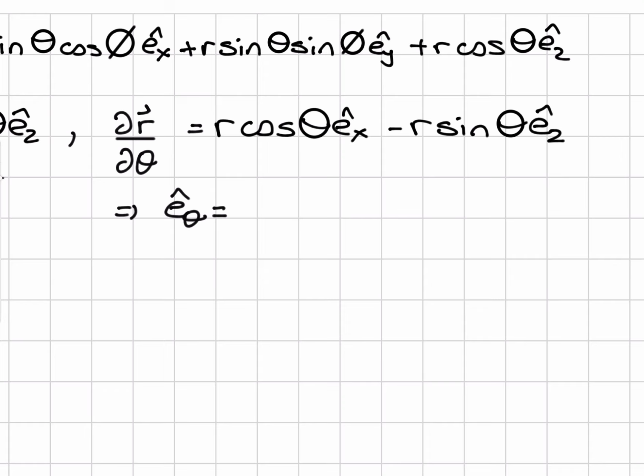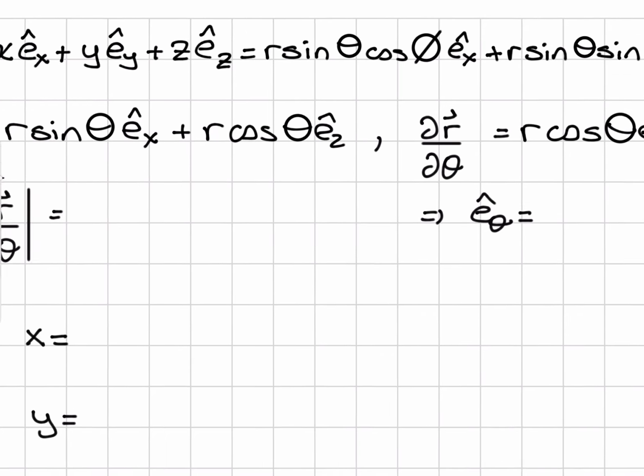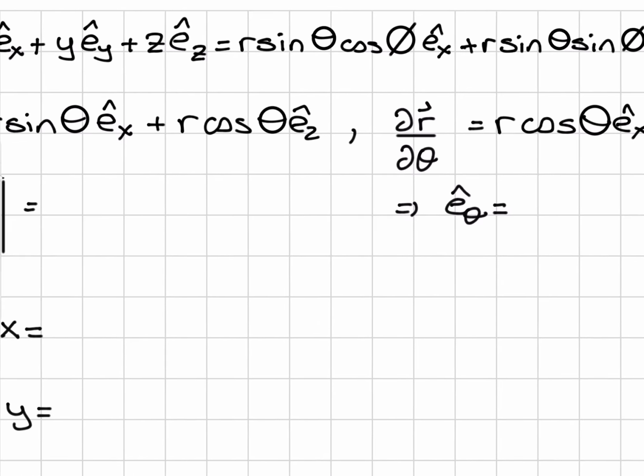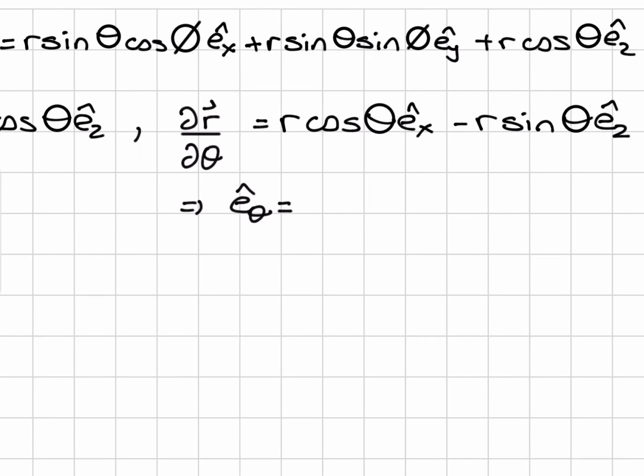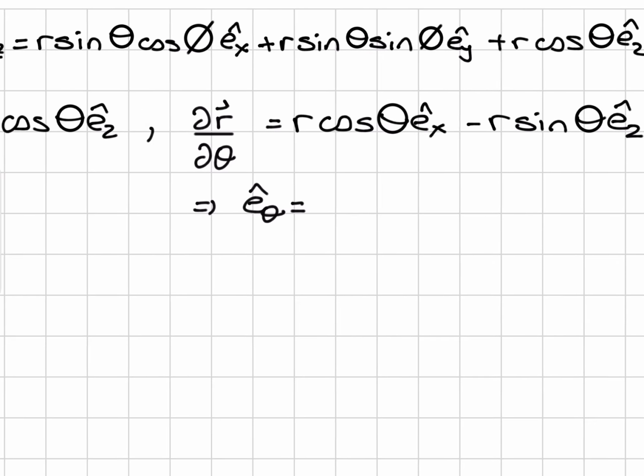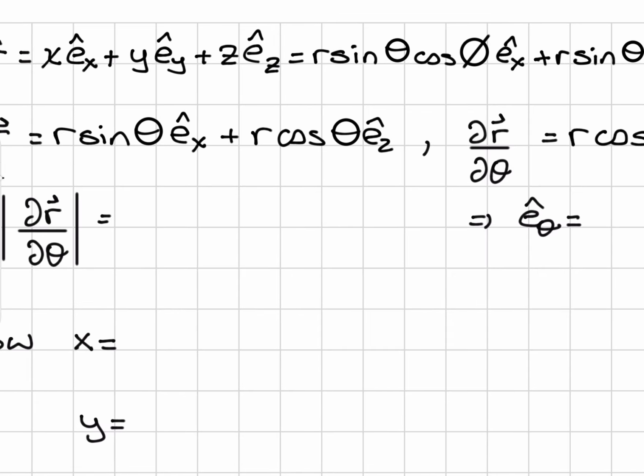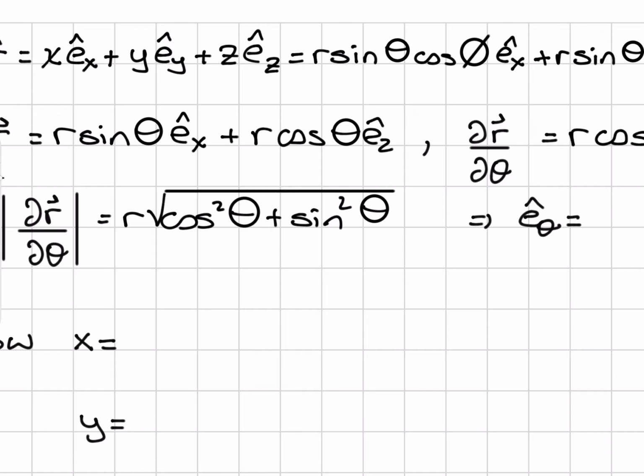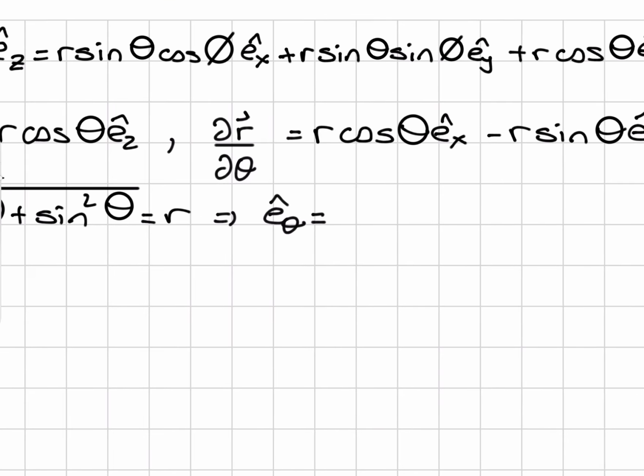Now, if I look at the magnitude of this del r del theta, it's going to be r times the square root of cosine squared theta plus sine squared theta. This is inside the square root. Therefore, this is simply equal to r. Now I'm ready to write e theta hat.